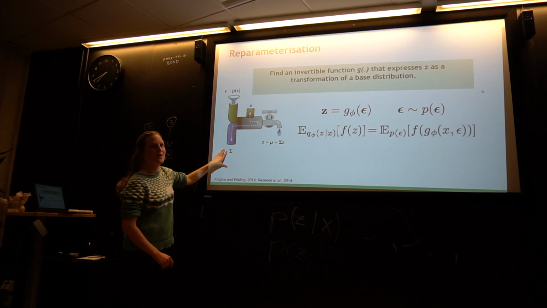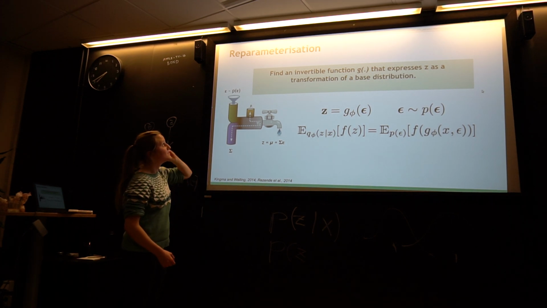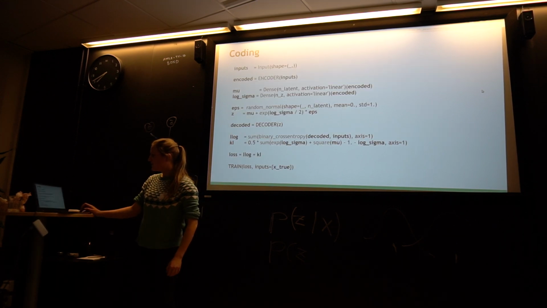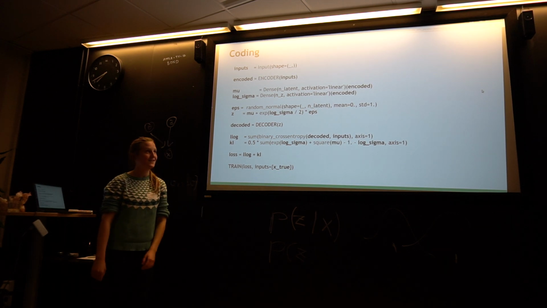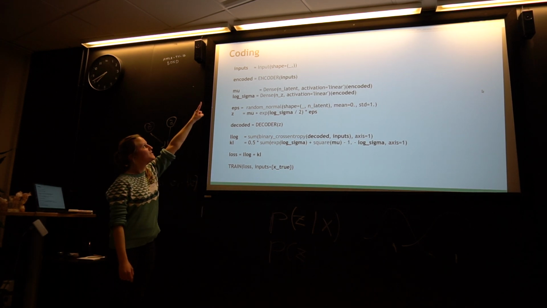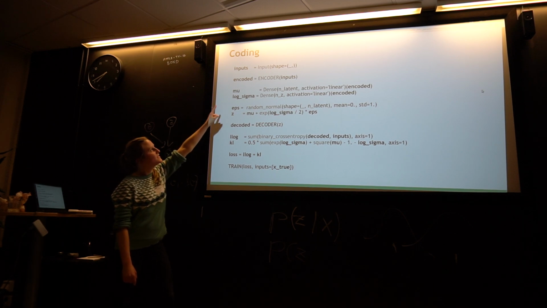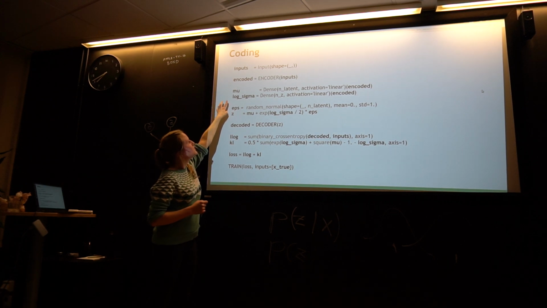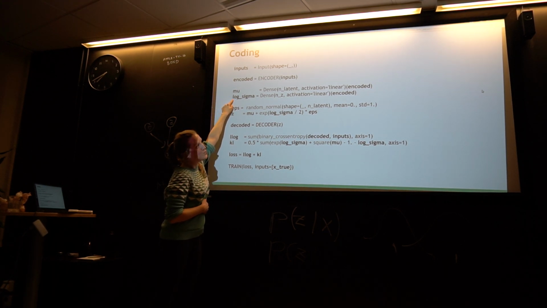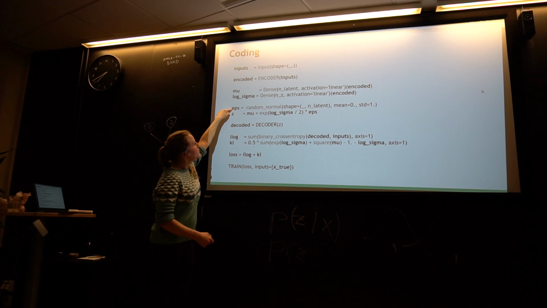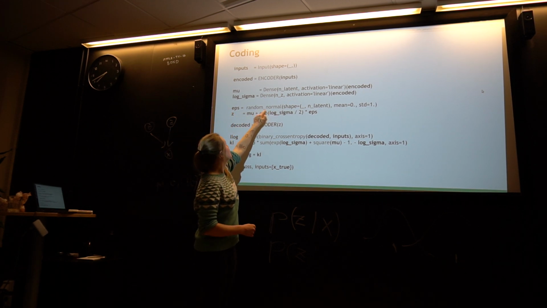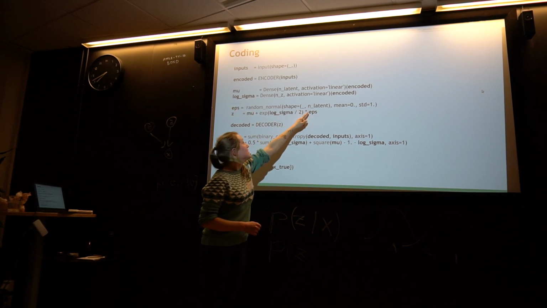And that made these models actually scale to the size that we have today. Okay, cool. So if we want to code this, it's super easy. You have the input, you have some neural network that is the encoder. From there you get out your mu, and you use a trick where you say this is the log of your sigma. Then you draw your epsilons, you set z equal to mu plus the exponential of that log times the epsilon.